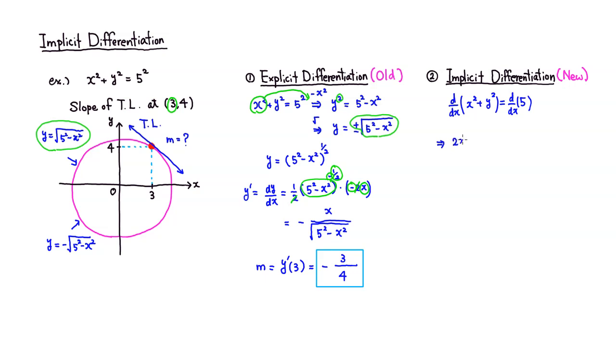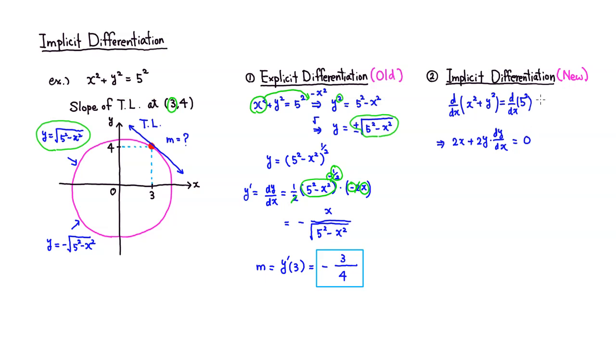And here you have y squared, so with respect to x it's going to be 2y, but you have to multiply by the derivative of y with respect to x. The right-hand side is 5 squared, and the derivative of that would be 0 anyway.